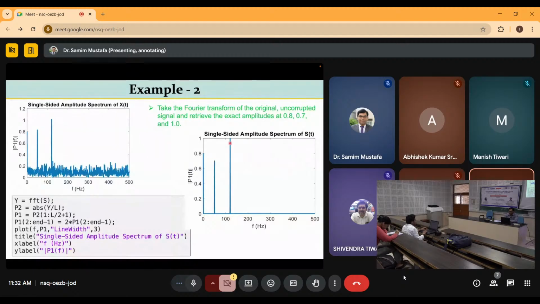So all are visible, right? This is the plot after the FFT. Of course there is still some noise because of the addition of normally distributed Gaussian noise, right?